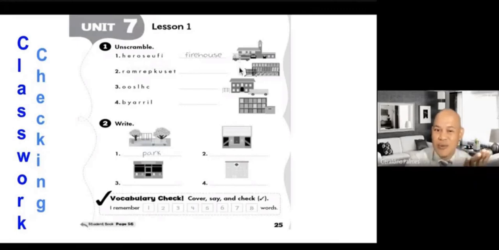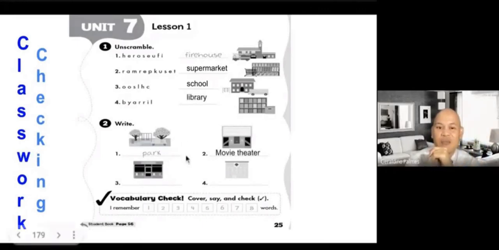First one right here, it's a firehouse. What's number 2? Supermarket. Very good. Supermarket. What about number 3? It's a school. How do you spell school? SCHOOL. Very good. What about library? Library. That's correct.